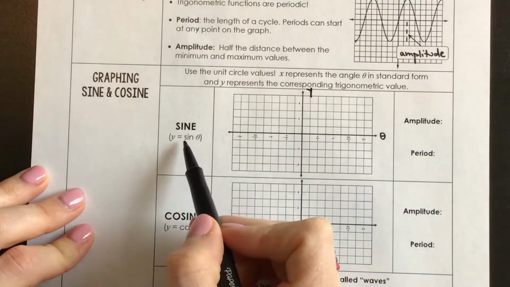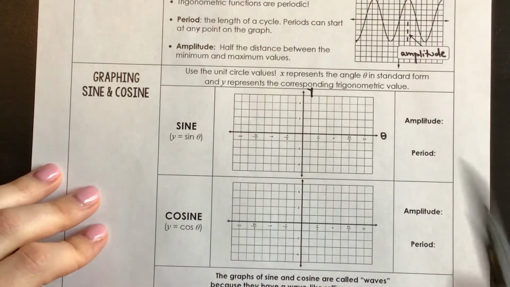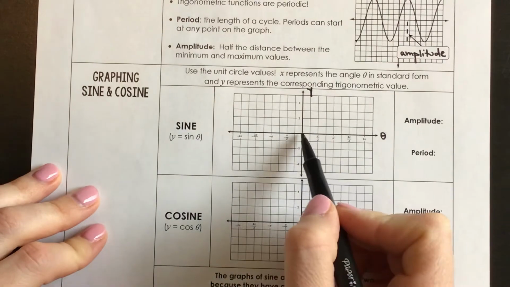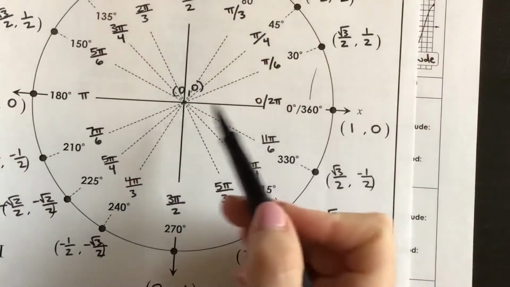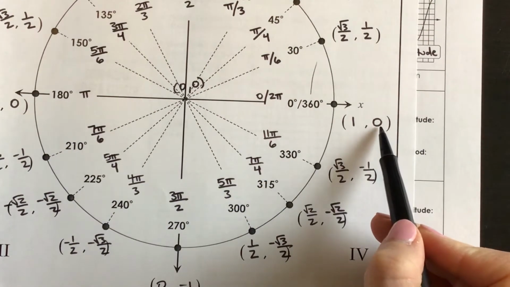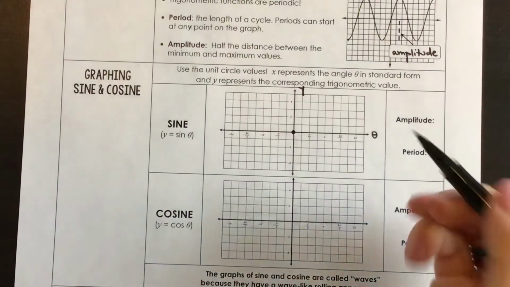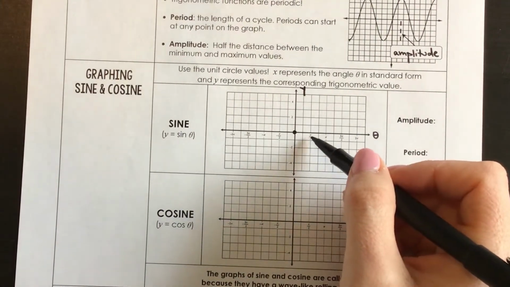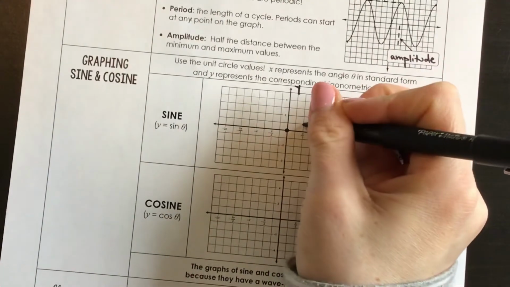Remember, the original sine always goes somewhere between -1 and +1. We're going to start with 0. The sine of 0, here's 0 radians, sine is the y-coordinate. So the sine of 0 is 0. We start right at the origin here. Then if we move to pi over 2, the sine is the y value, so sine of pi over 2 is 1.